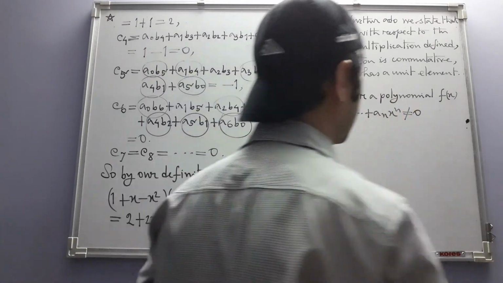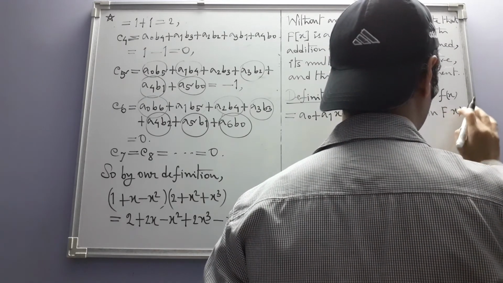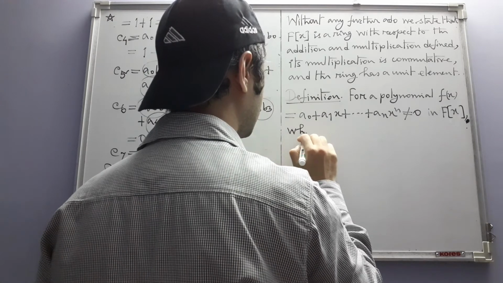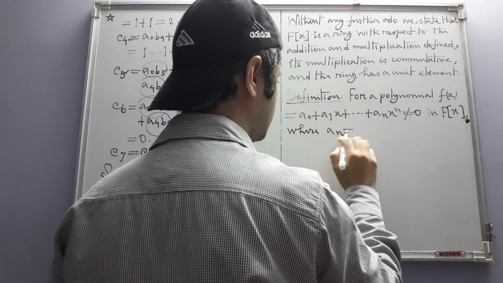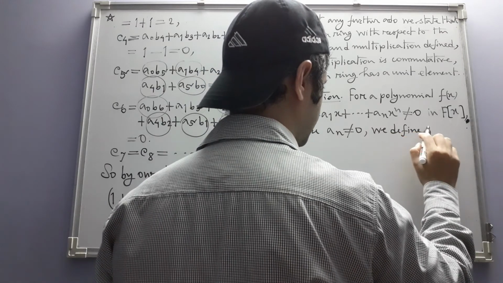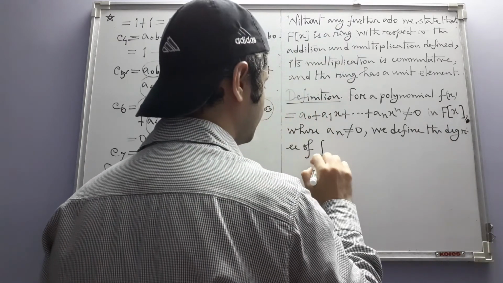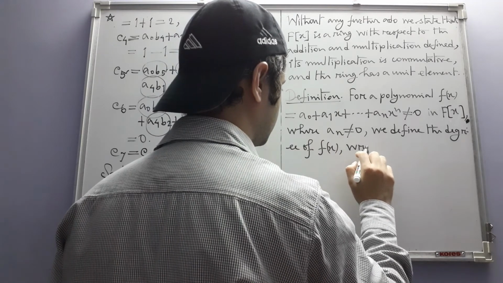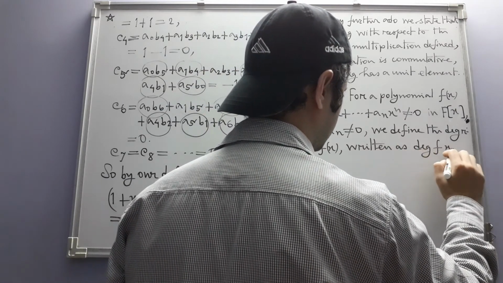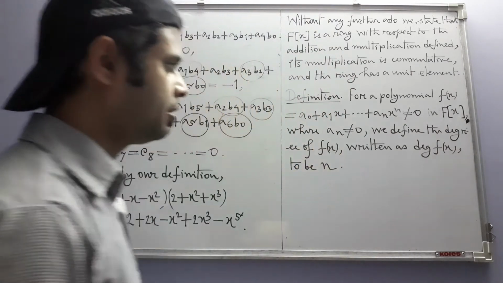Our given polynomial is not equal to 0 in F[x], where an is not equal to 0, we define the degree of f(x), written like this: deg f(x), to be the integer n.